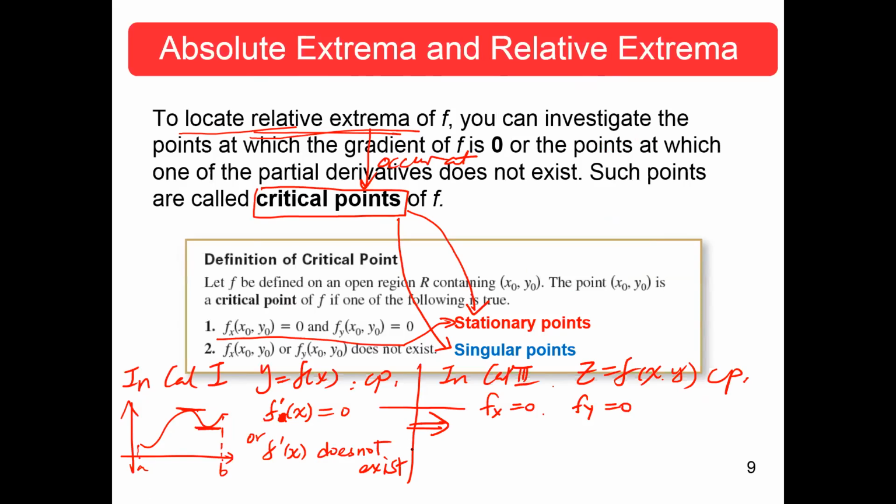And when the derivative does not exist, that's saying partial x doesn't exist, or partial y doesn't exist. These are the singular points. So you're just carrying our old knowledge from Calculus 1 and extending that to Calculus 3. Stationary points and singular points remain as critical points.